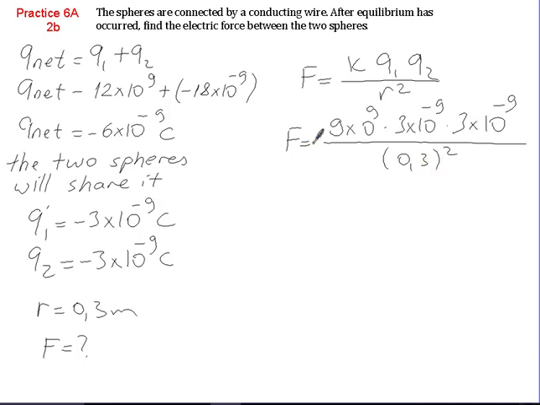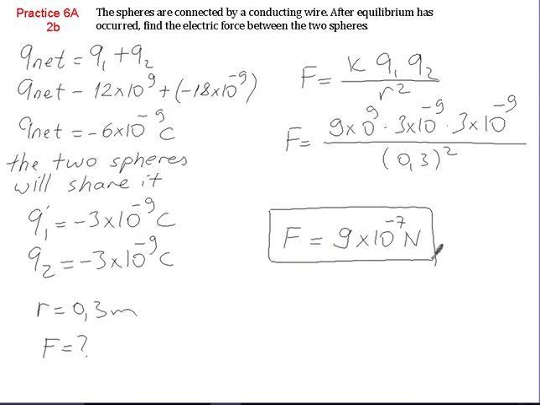When we calculate it, we will get the force as 9 × 10 to the power of minus 7 Newton. That is the force between them after touching. It is a repulsion force because Q1 and Q2 are both negative.